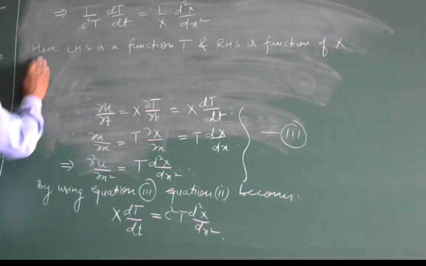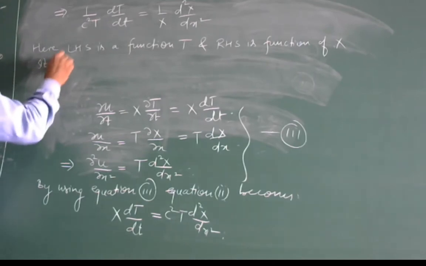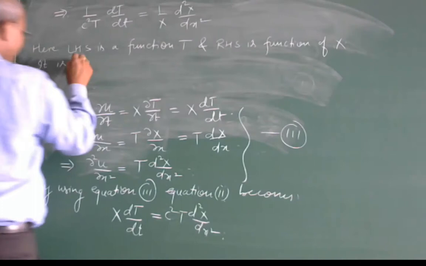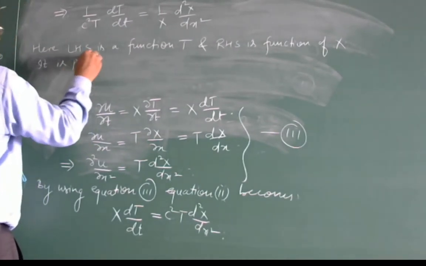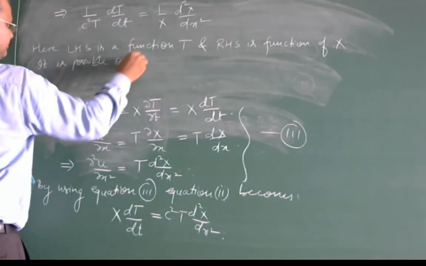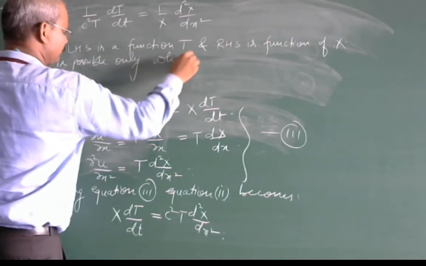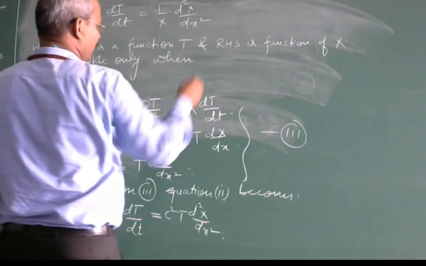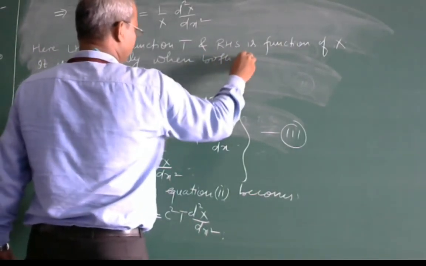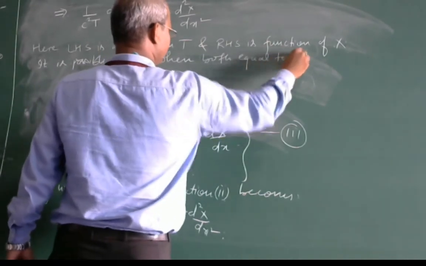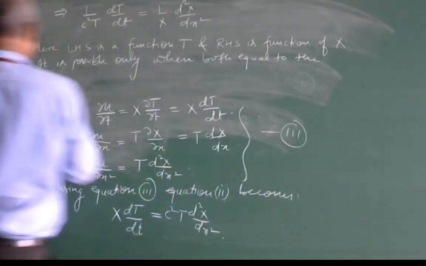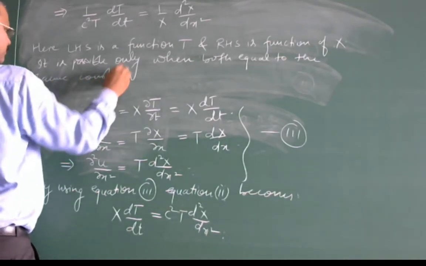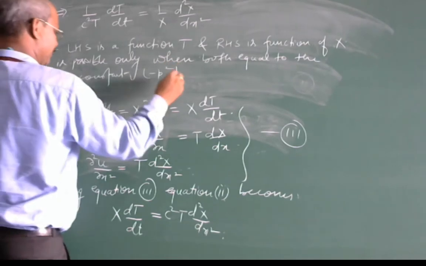It is possible only whenever both are equal to the same constant, that is minus p square, say.